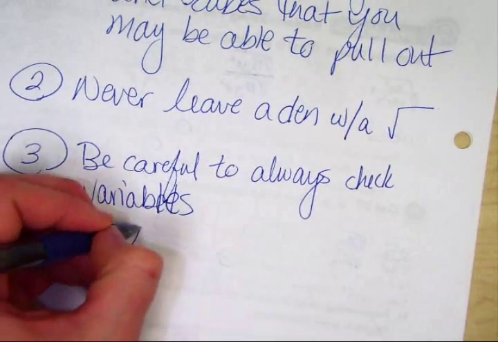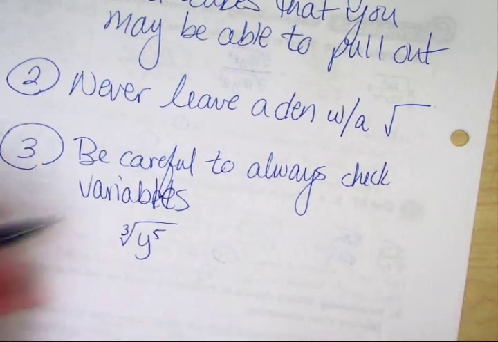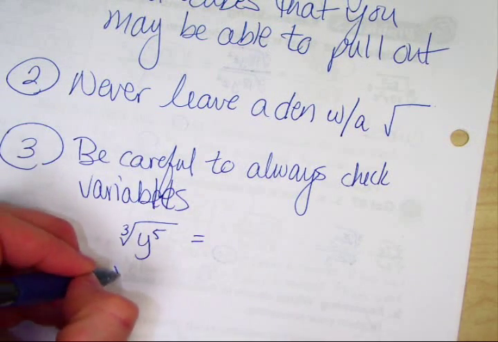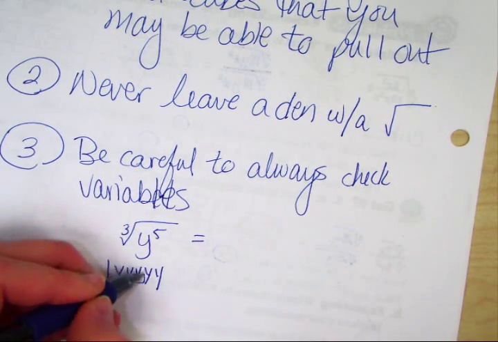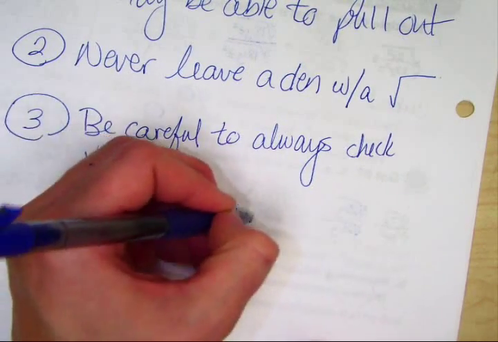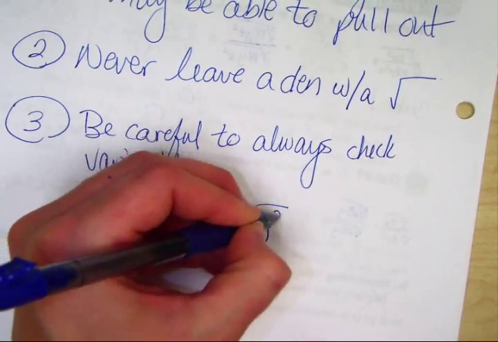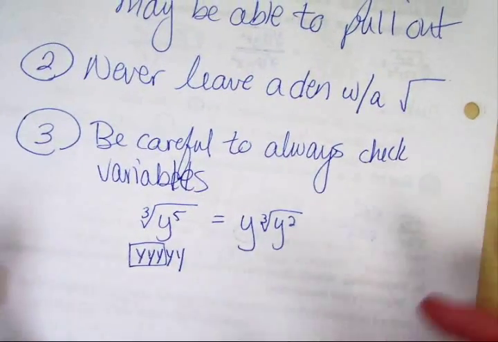For example, if you have the cube root of y to the 5th, make sure that you think to yourself, that's 5 y's, 1, 2, 3, 4, 5. How many groups of 3 can you pull out? You always have to simplify that and write what's left over. Other than that, that's pretty good.